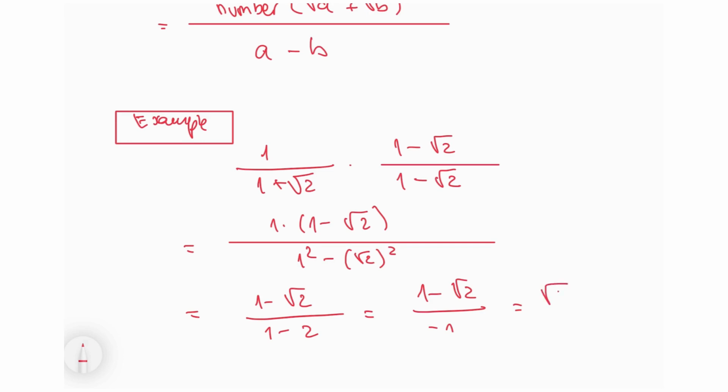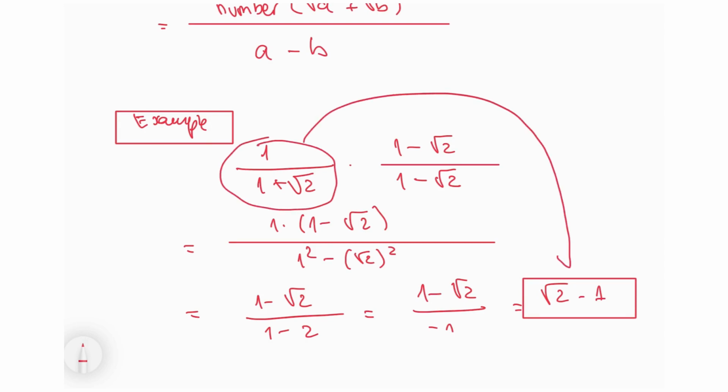And that is square root 2 minus 1. So you can see that from the fraction we arrive at something which is not a fraction and contains only the radical.